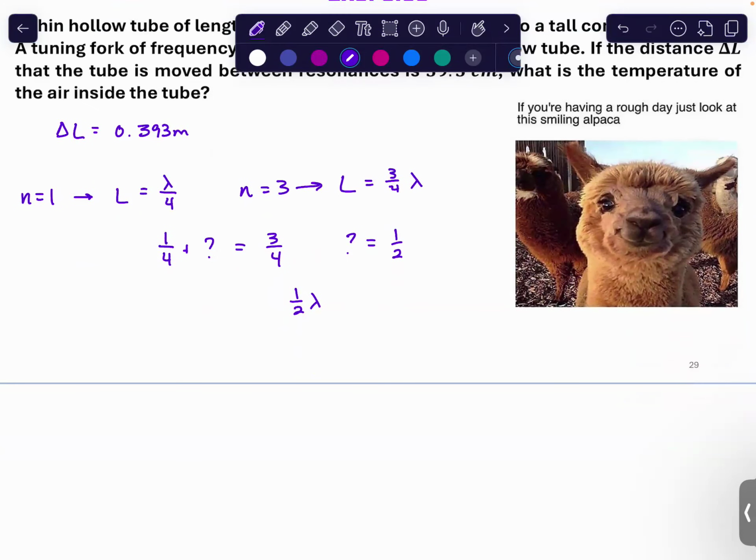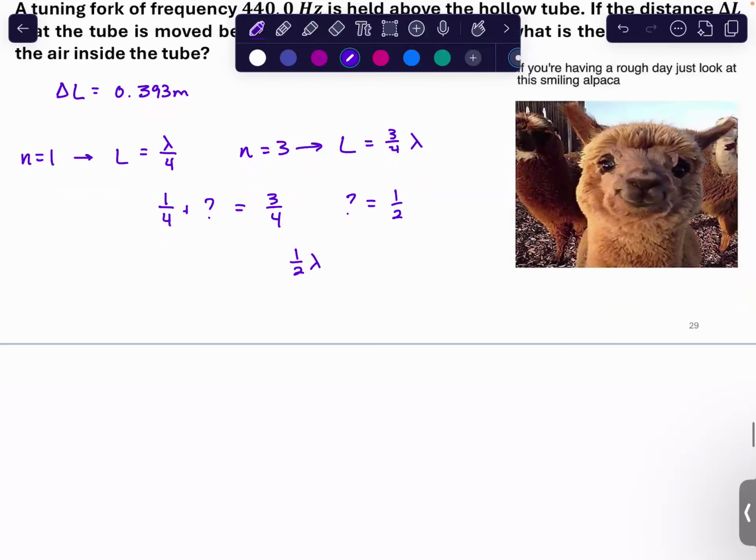This means that the lambda is going to be 2 times delta L, which equals 2 times 0.393. And now we know the distance between each resonance, how much of the wavelength.